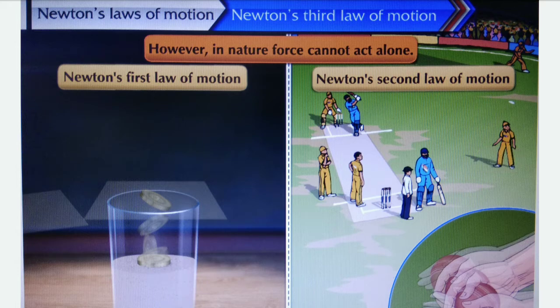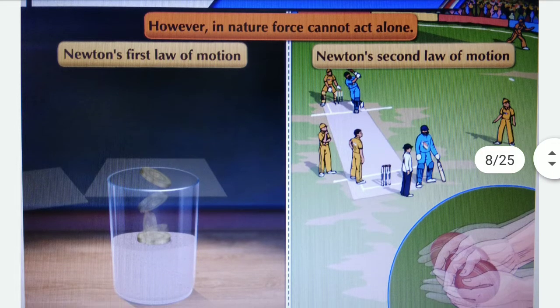Now, let us see another example. In nature, force cannot act alone. In Newton's first law of motion, we saw the example of the cardboard and coin. We put the cardboard on a glass and the coin on the cardboard.